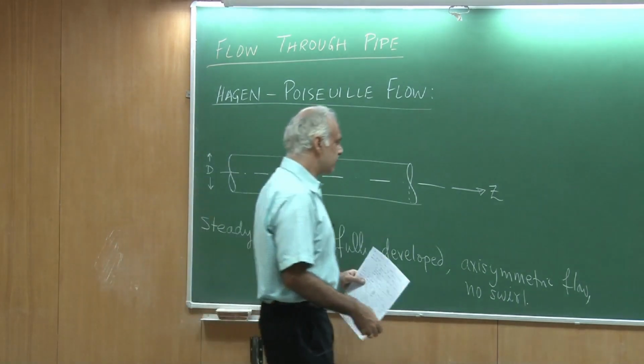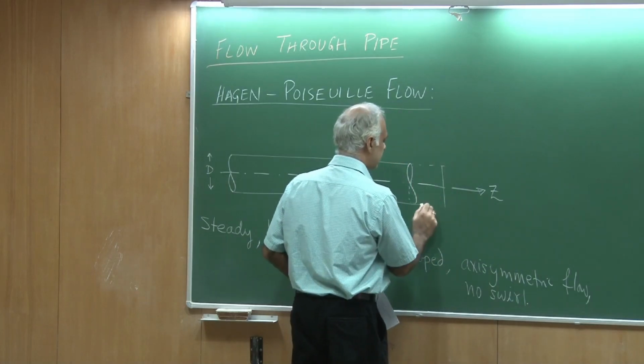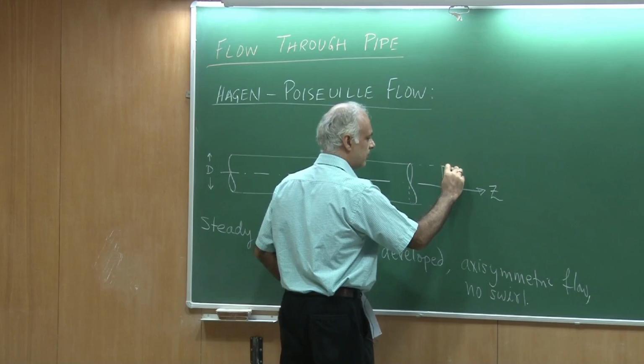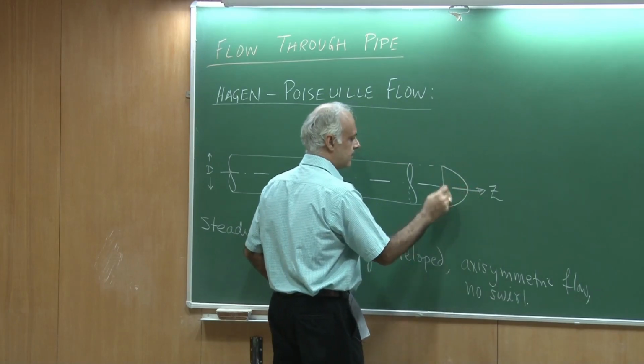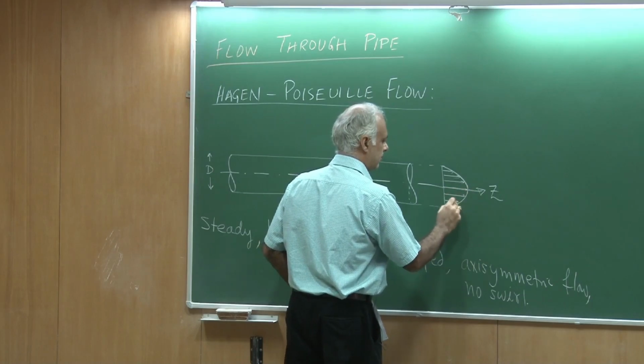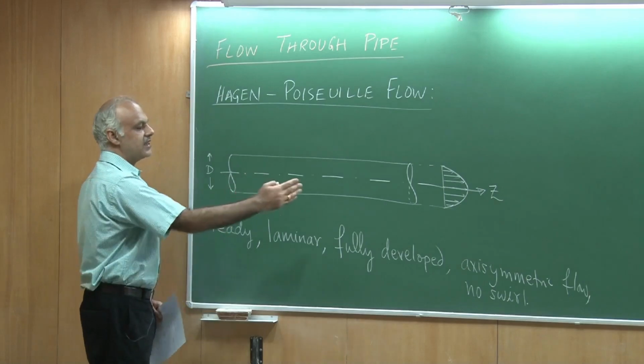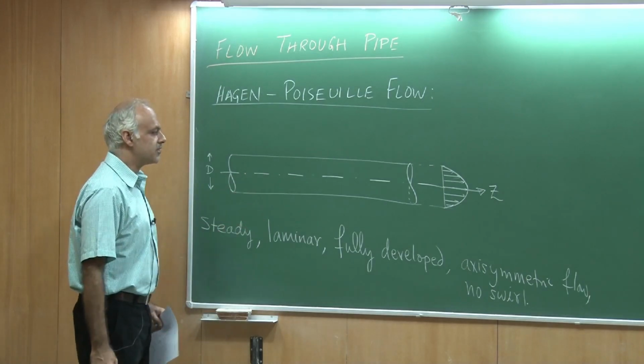Let me show you the velocity profile. If I draw the cross section, this is how the velocity profile looks, and this remains unchanged for all values of z.